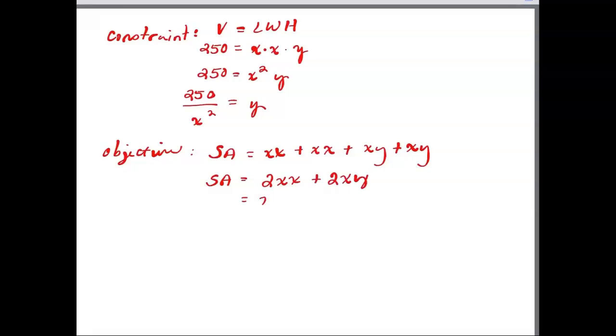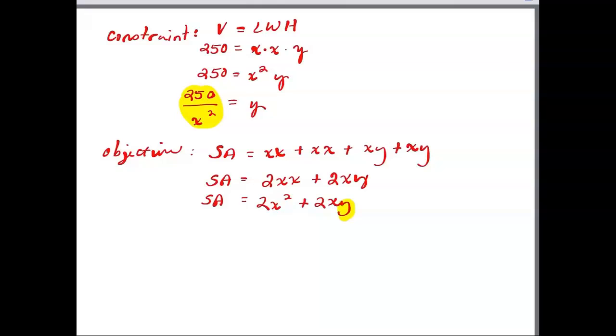So our surface area could be represented by 2xx, or 2x squared if you prefer, and then 2xy. Okay, so we have 2x squared plus 2xy.